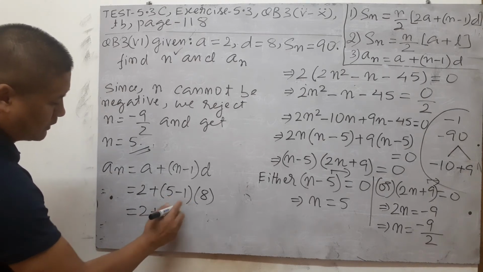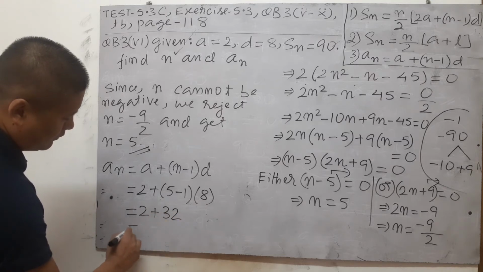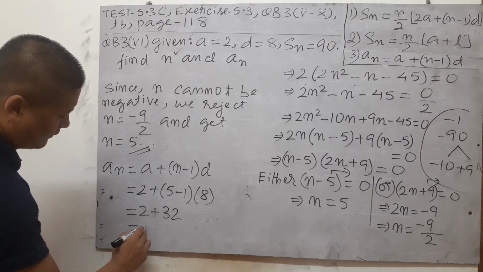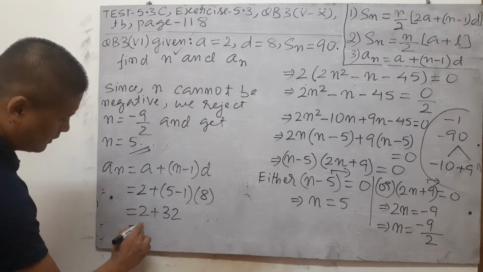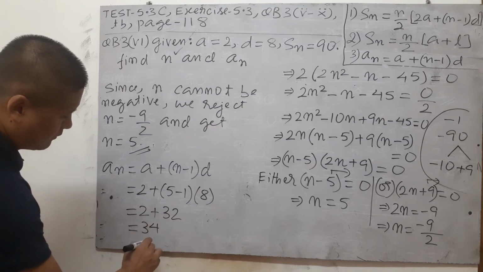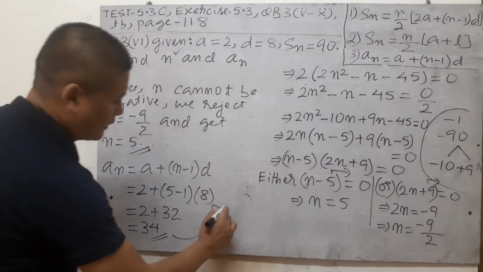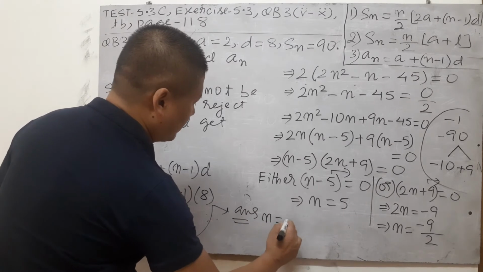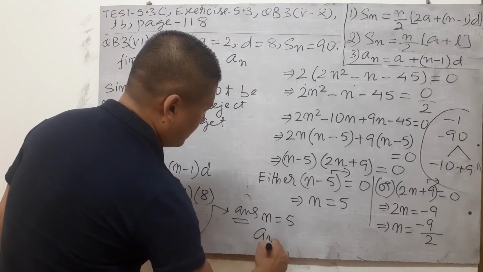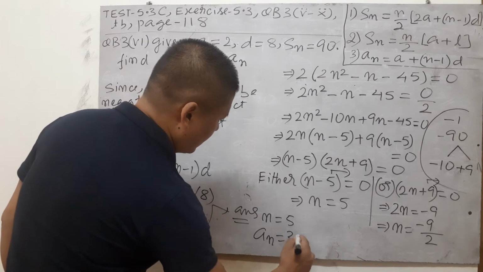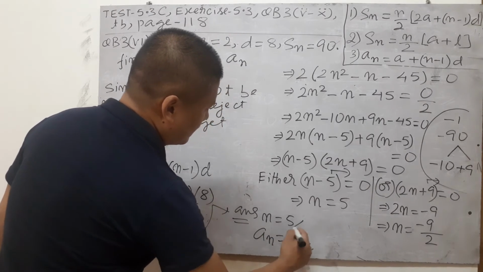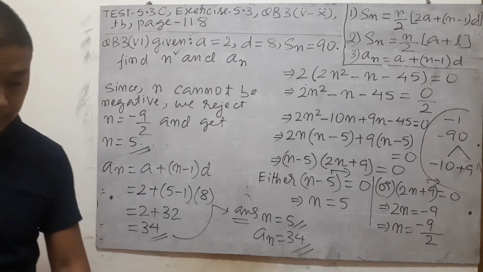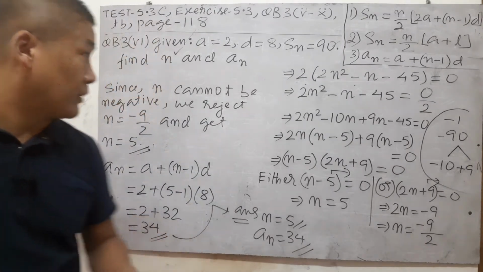So 4 eights are 32. So an, the nth term, is 2 plus 32, 34. So the required answer: n value is equal to 5, and nth term value is 34. So we can stop there. I think it's the same as the book answer.